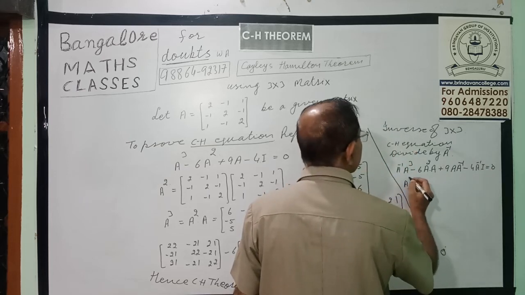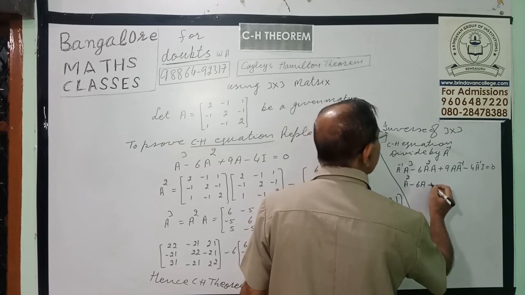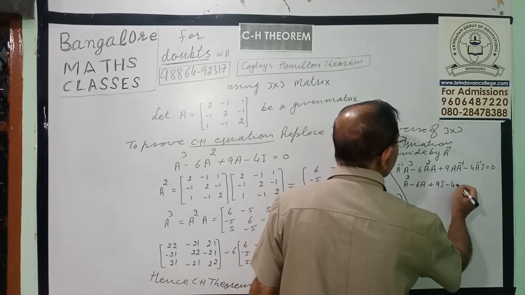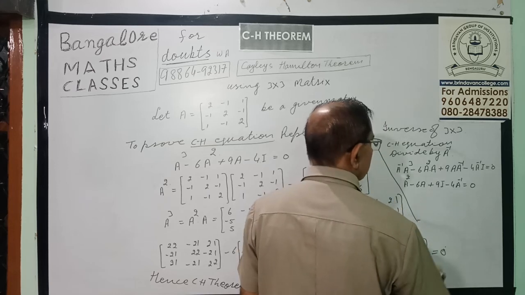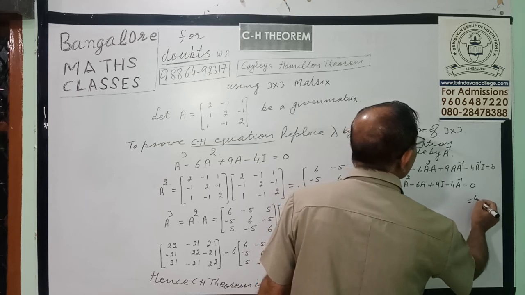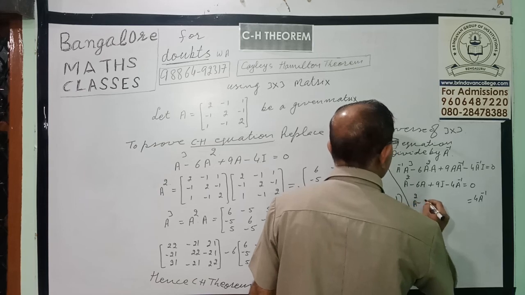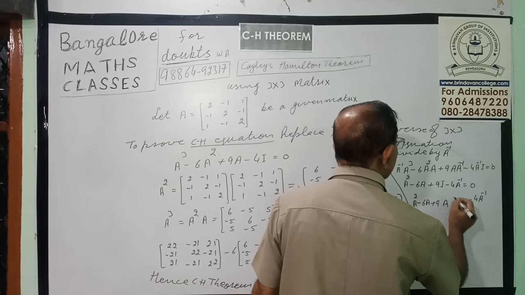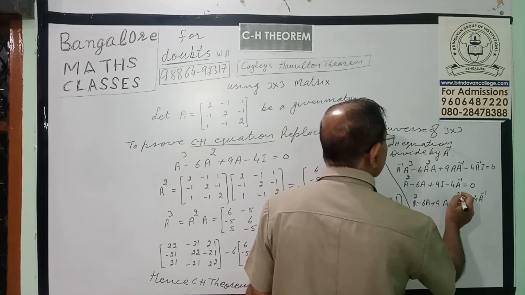So you will get A square minus 6A plus 9I minus 4A inverse equals 0. So overall, by transposing, you will get 4A inverse equals A square minus 6A plus 9I.